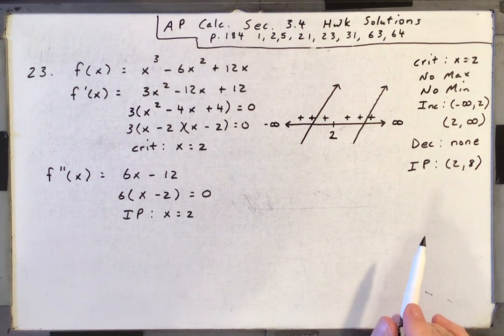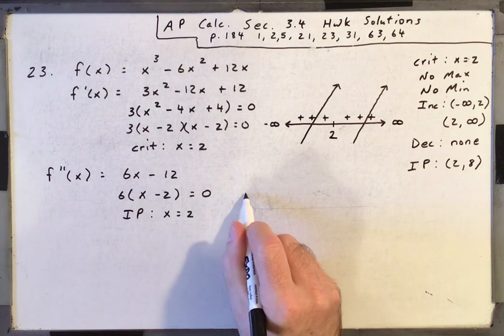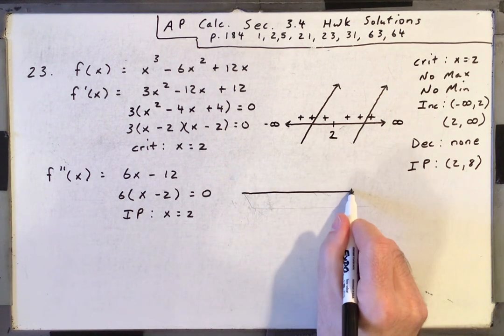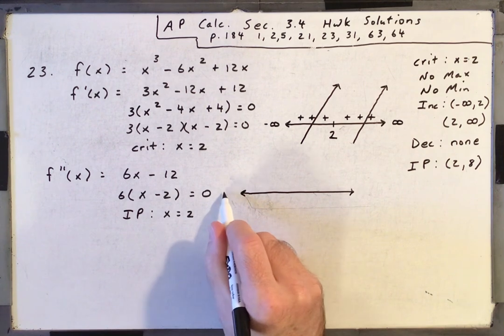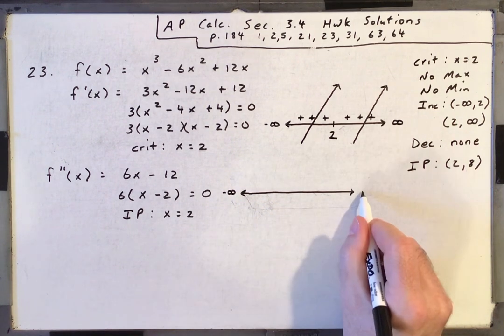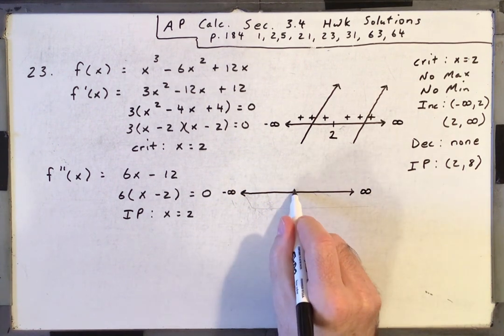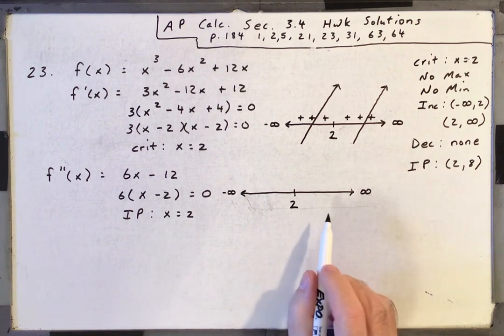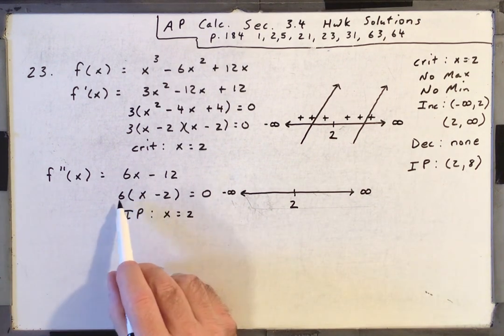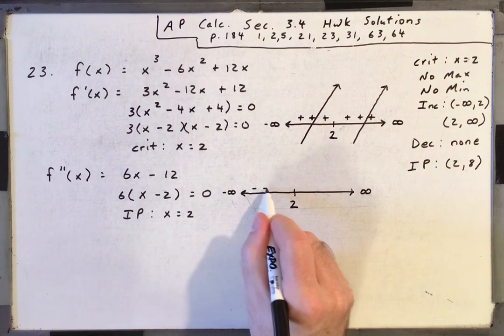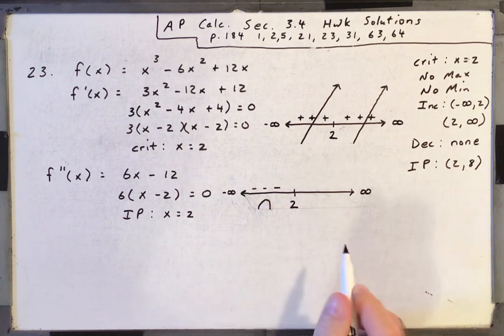Feel free to use your calculator there. I'm going to put our second derivative sign line right here. Put a 2 there. All right, let's plug in 0. 6 times negative 2, that'd be negative. So we are concave down.